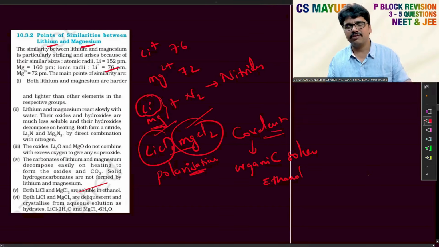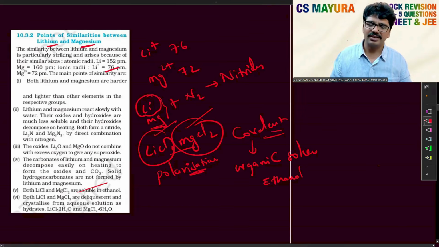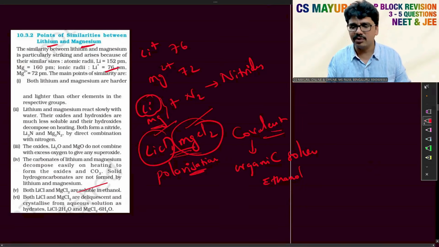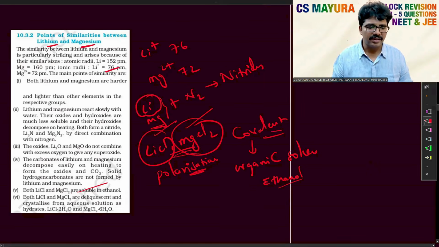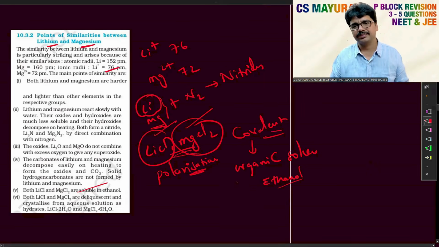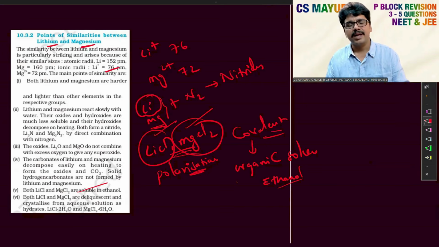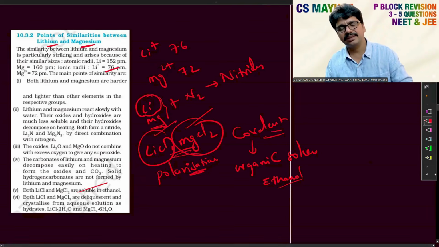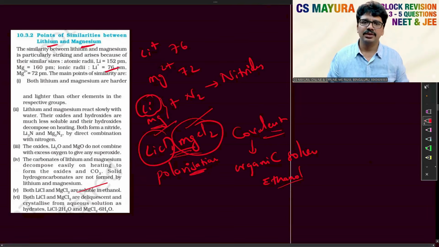The other salts of first group are ionic: potassium chloride, sodium chloride, rubidium chloride. But lithium chloride is covalent. So that's why these two compounds are soluble in ethanol. Another point is they are deliquescent. When we take these salts in water, they absorb water and form aqueous solutions, in which they exist as hydrated salts.